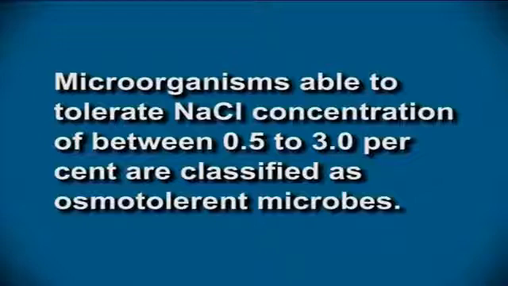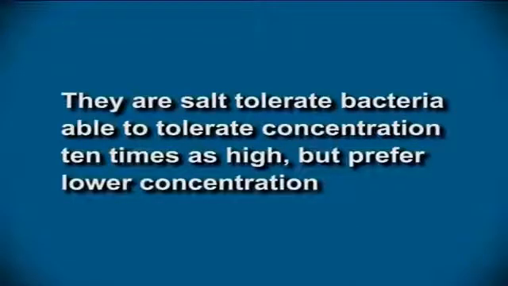Microorganisms able to tolerate sodium chloride concentrations of between 0.5 to 3% are classified as osmotolerant microbes. Haloduric. They are salt tolerant bacteria able to tolerate concentrations 10 times as high, but they prefer lower concentrations. Halophiles. They are salt loving forms adapted to grow best in conditions of high salinity, such as those in the Dead Sea.